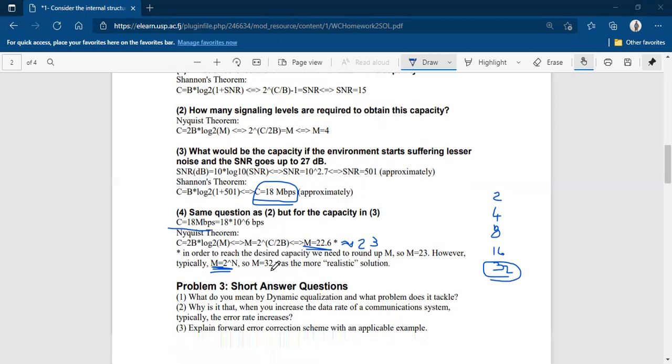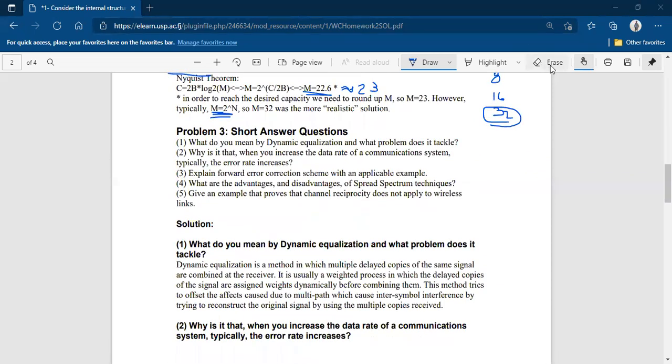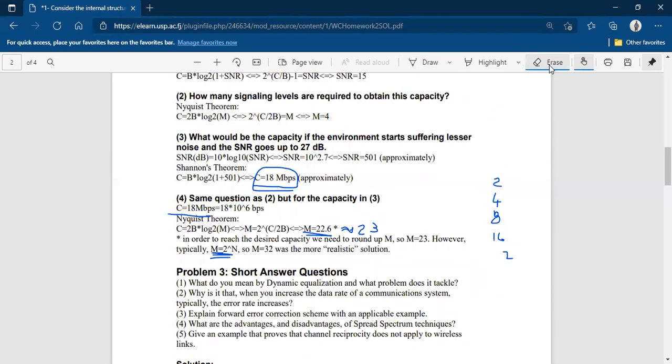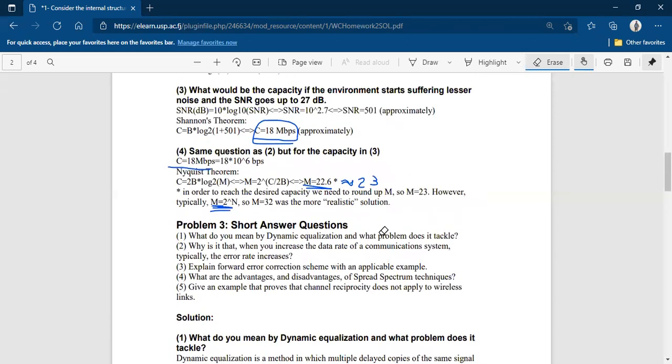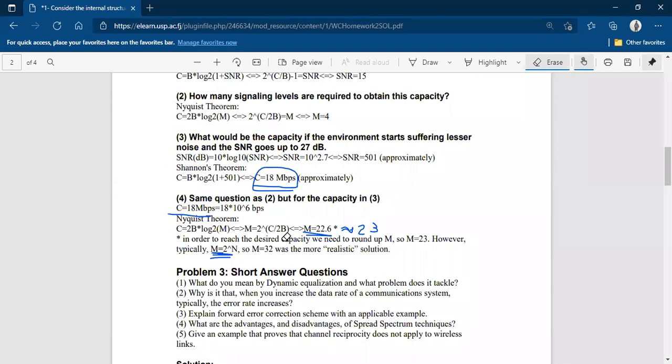Okay. Moving into the next question. Anyways, moving into the next question. So we have finished with question number 2. Does anyone have any question regarding question number 2?